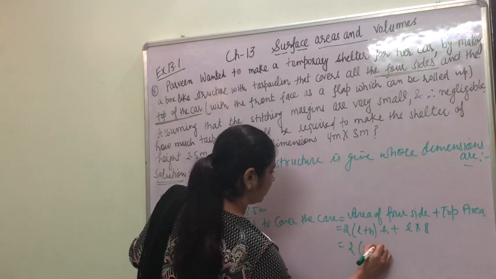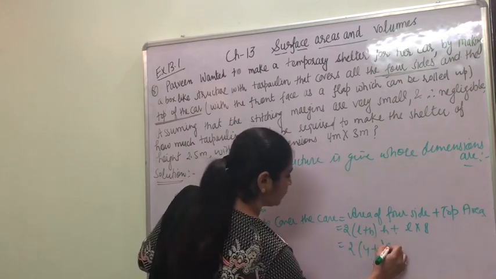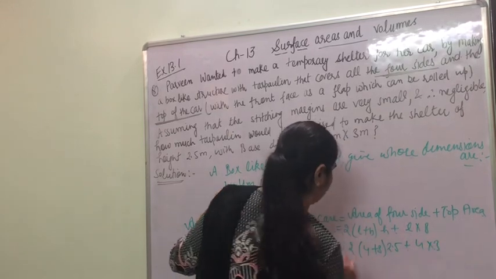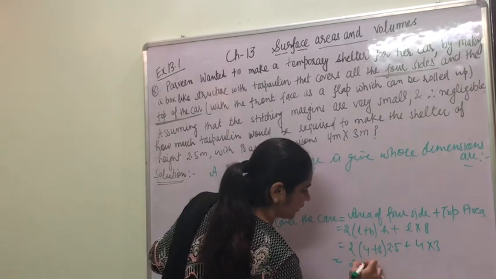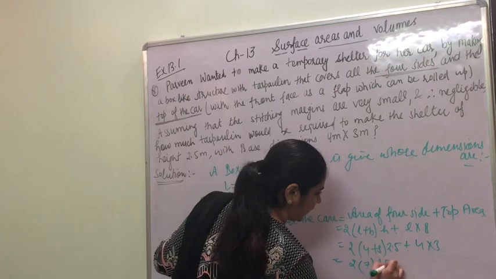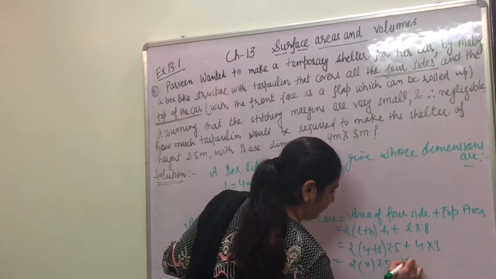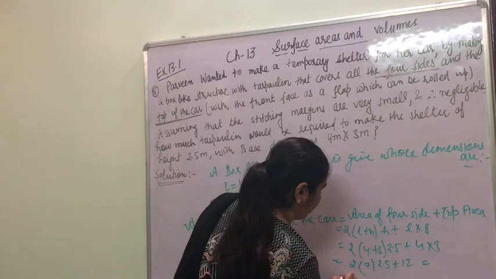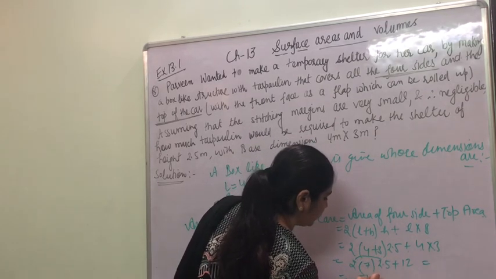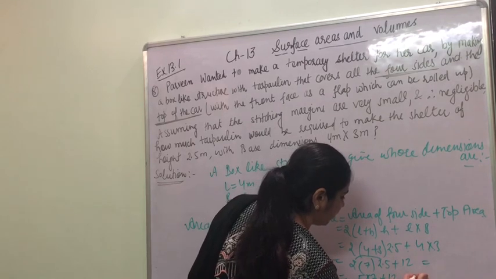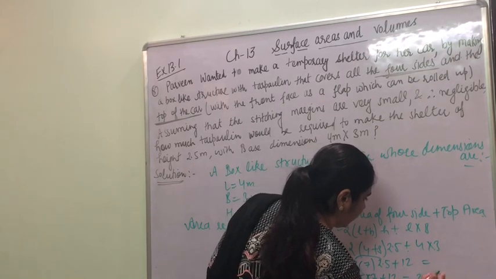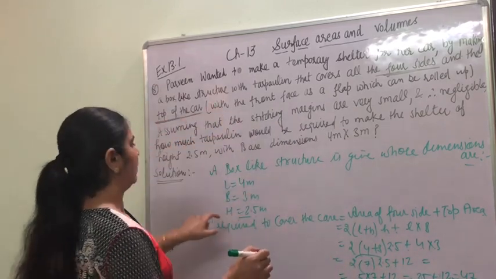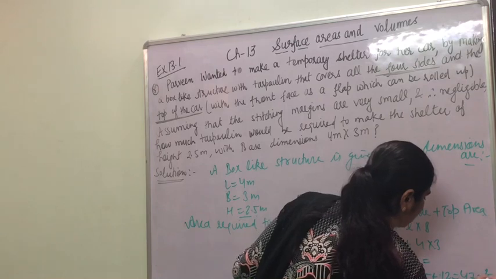Length is 4, breadth is 3, H is 2.5. We will do the calculation. 4 plus 3 is 7 into 2.5, 4 3s are 12. 2 into 2.5 is 5, 5 into 7 is 35, plus 12, which is equal to 47 meters square.